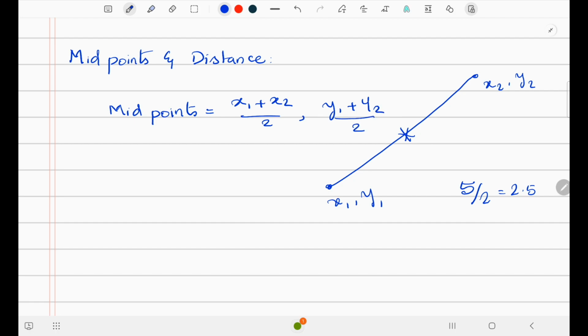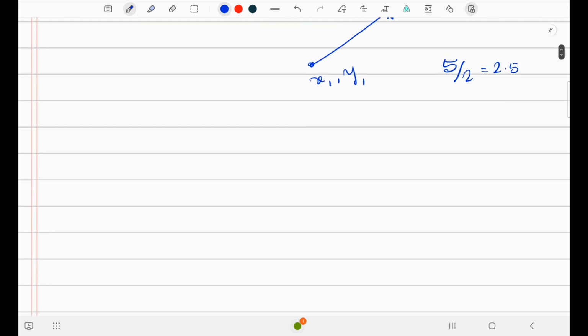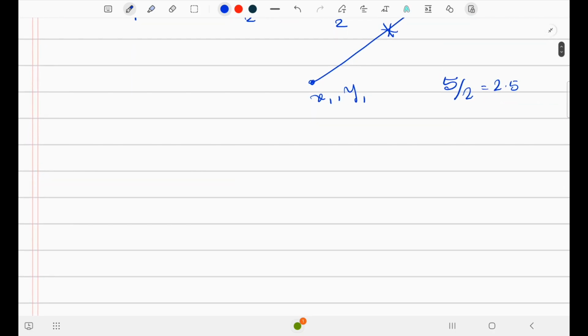So if you sum the x1 and the x2 point divided by 2 and the summation of y1 plus y2 divided by 2 gives the midpoint. Clear? Now, keeping this in mind, we shall go for a small problem.